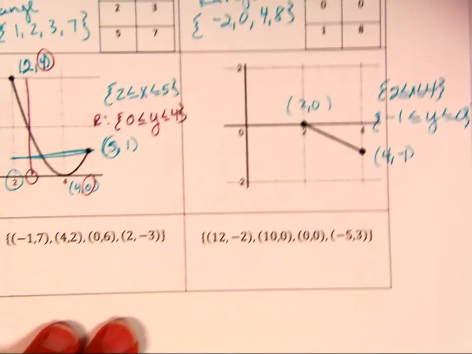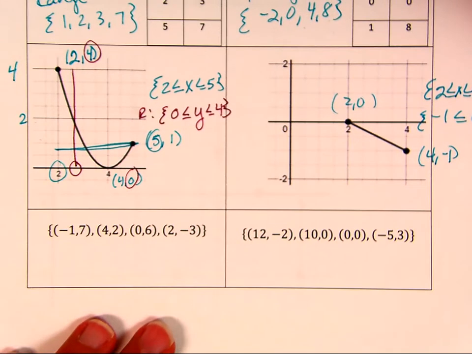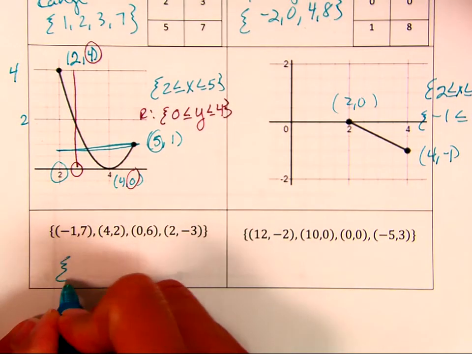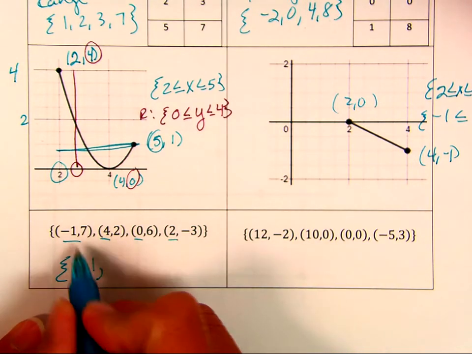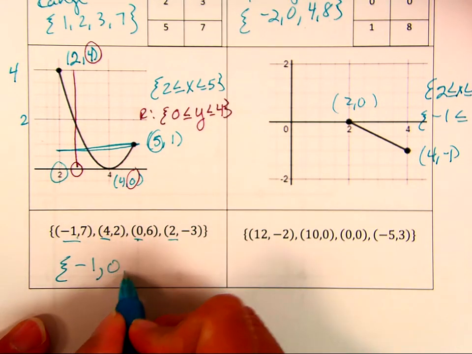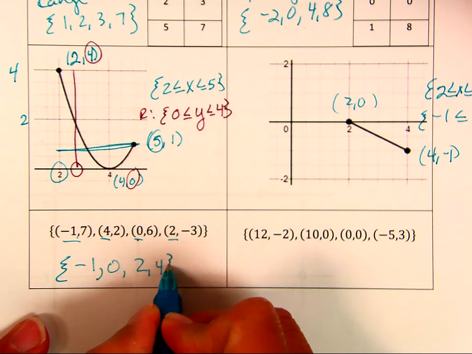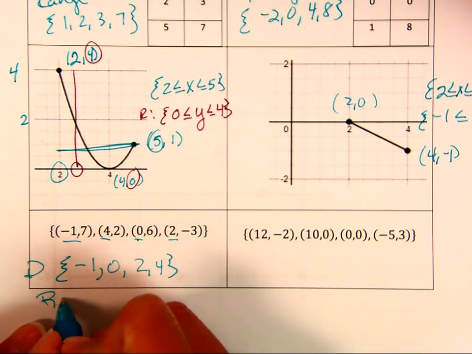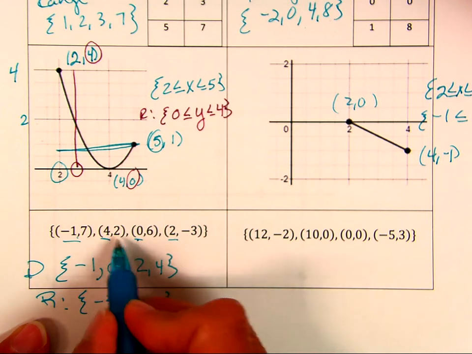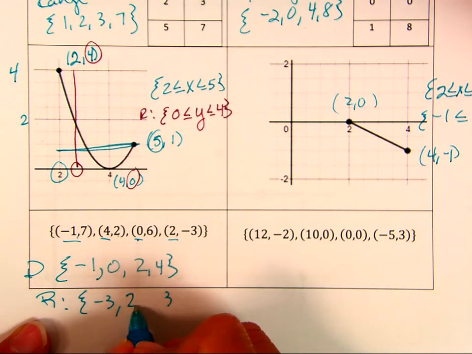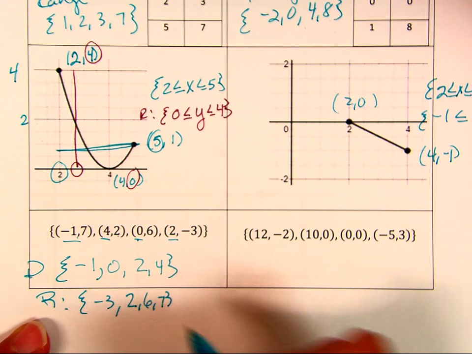And now this is a set of ordered pairs listed. So when I have that, I look at all my x's. I look and I say -1 is the smallest, then comes 0, then 2, then 4. So that's my domain. My range looks like -3 is the smallest, then 2, then 6, then 7.